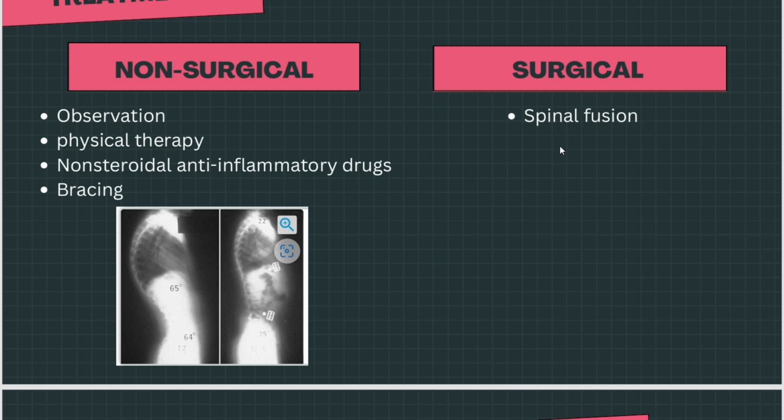For the surgical, we have spinal fusion, which is recommended for patients who have congenital kyphosis and Scheuermann kyphosis with a curve greater than 70 to 75 degrees, or those who have severe back pain.